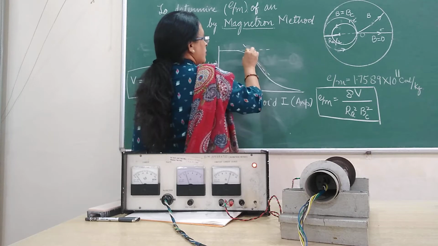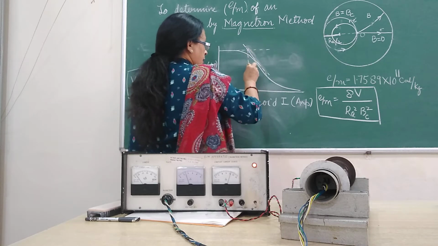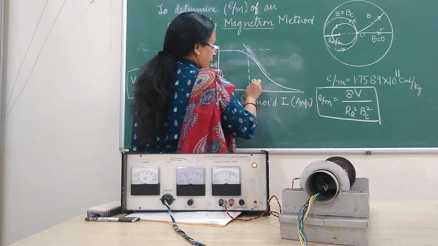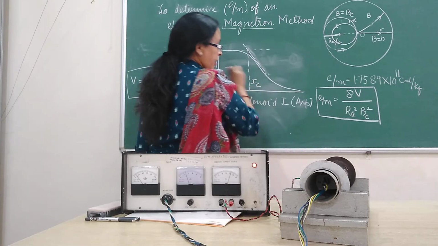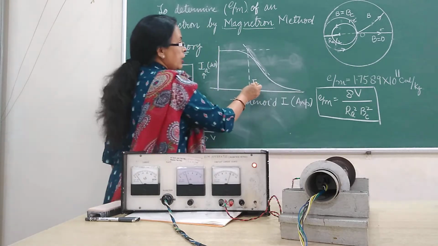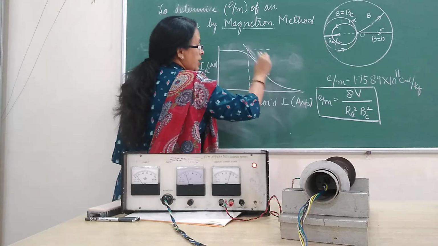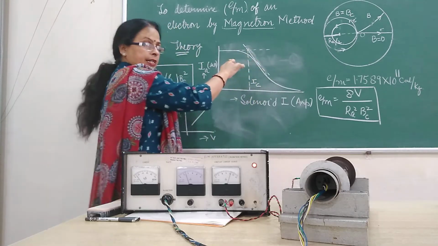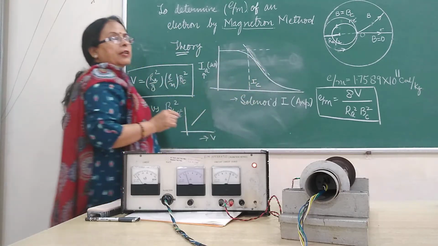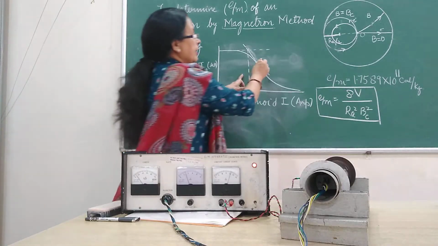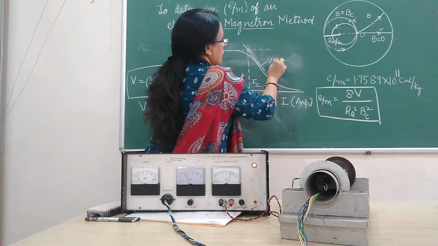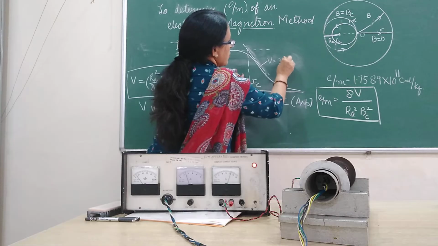Where they intersect, the value of the solenoid current, remember that this is a value of solenoid current, where these two tangents intersect is the critical current at that particular voltage, V equal to, suppose, 3 volts.